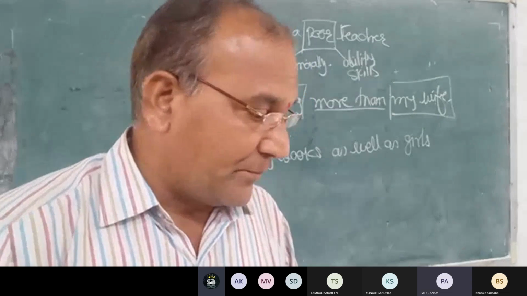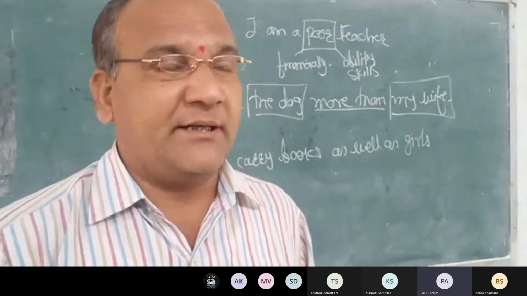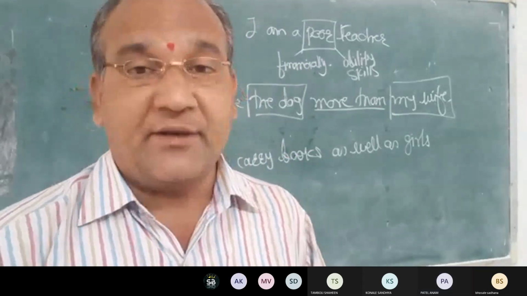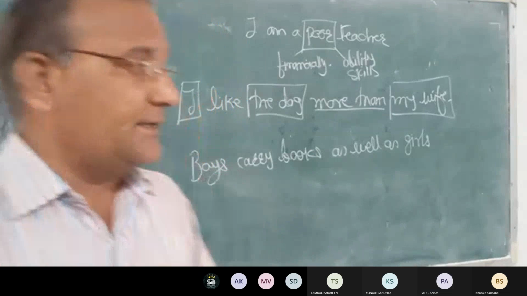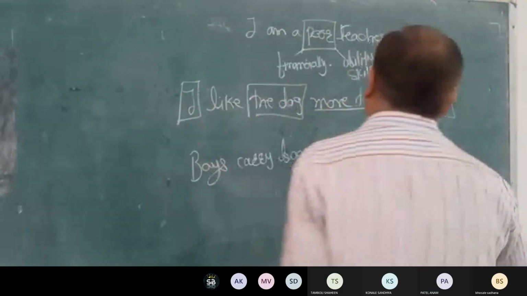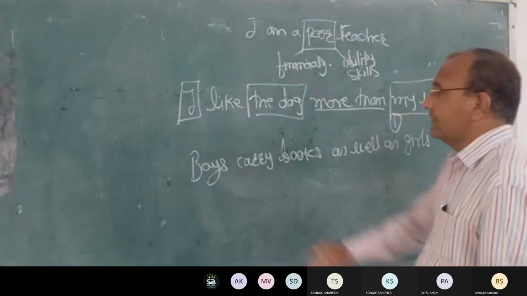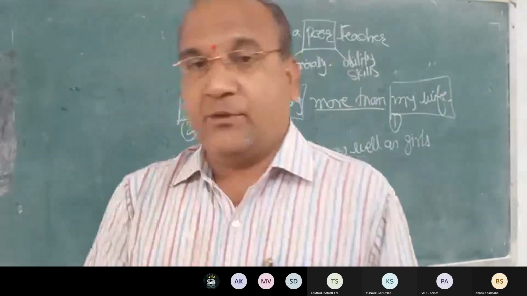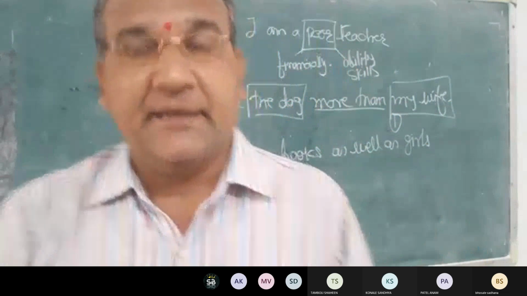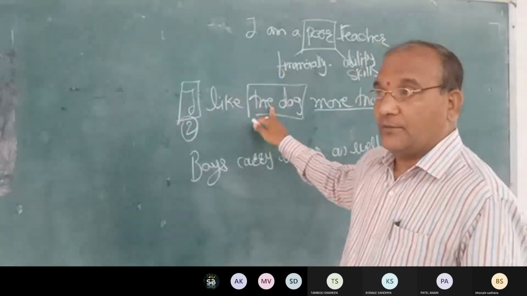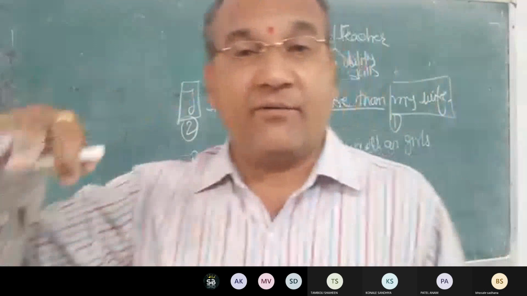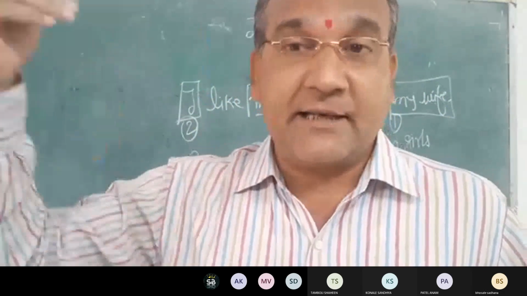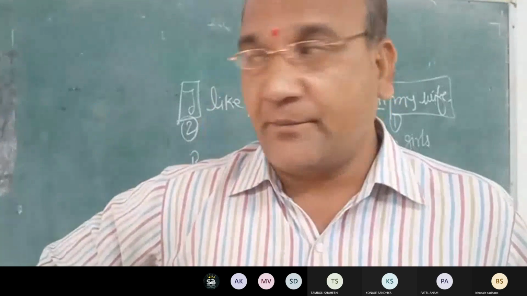It is related to the degree of comparison. In one case, both my wife and I like the dog, but my degree of love for the dog is higher than my wife's degree of love for the dog.